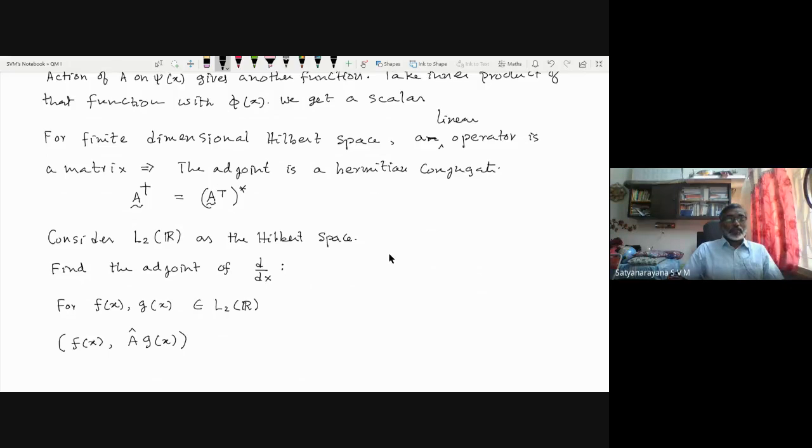That is equal to the operator A dagger acting on f of x, g of x.